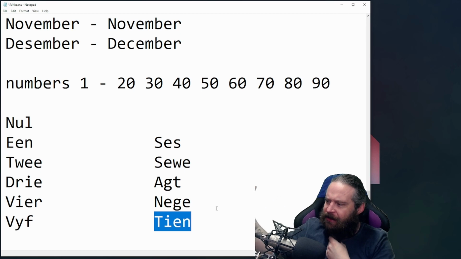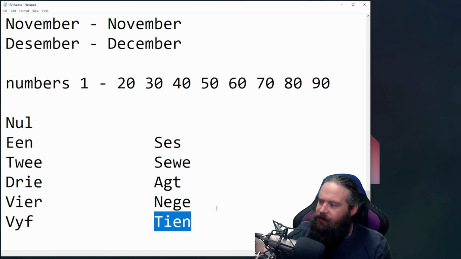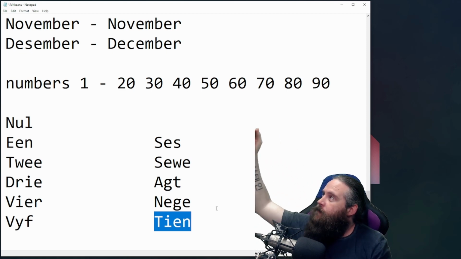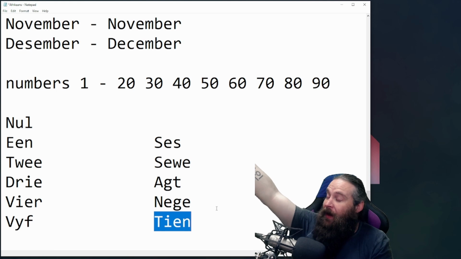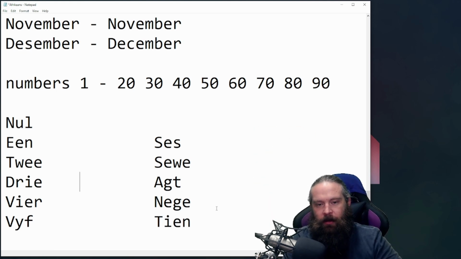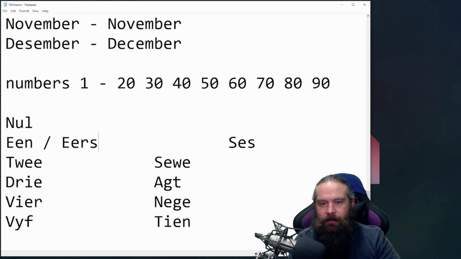Right. Just as in English, there's a bit of a difference when it comes to numbers beyond 10. Basically, you can figure it out. Let me make this easy. So you've got 1, and if you want to say first, eerste.